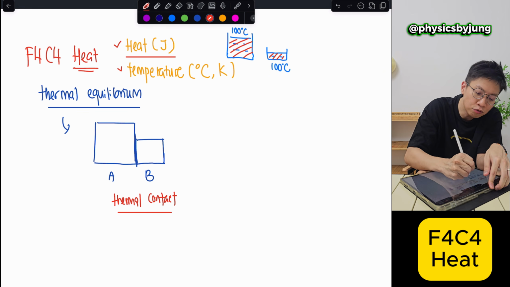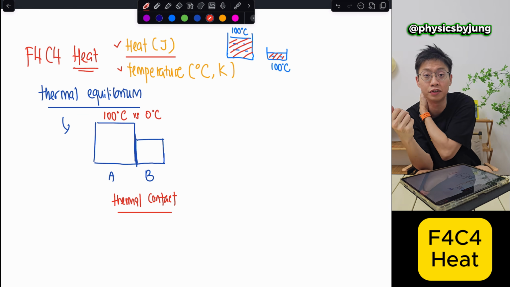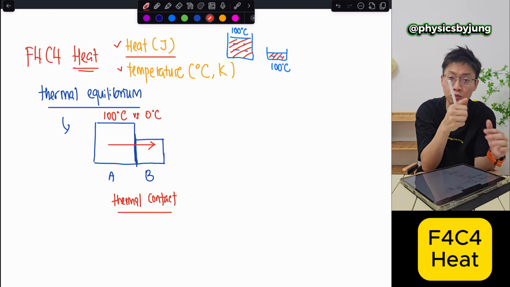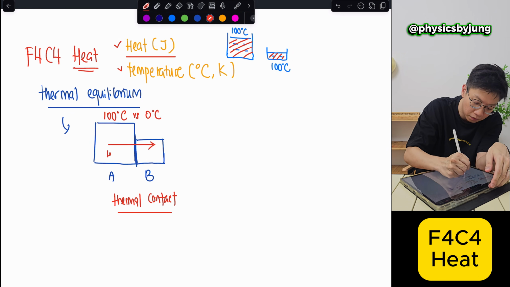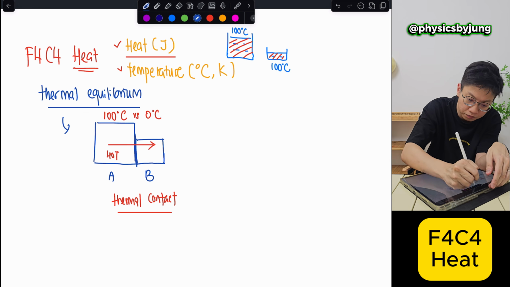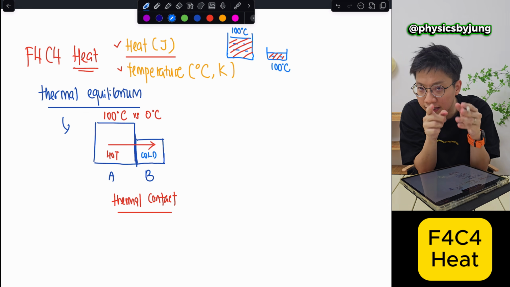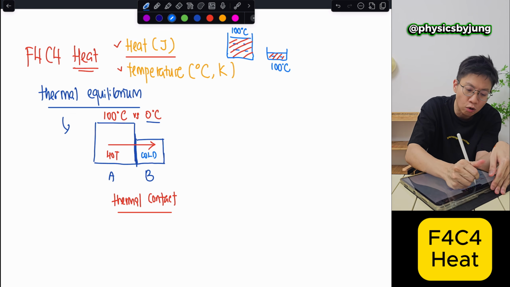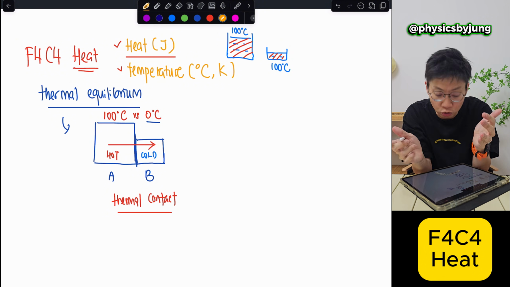If my object A is 100 degrees Celsius and my object B is 0 degrees Celsius, will the 100 degrees Celsius object give heat energy to the 0? The answer is yes, because this one is hot and this one is cold. But will the cold object give heat energy to the hot object? Will the 0 degrees Celsius object also give heat energy back to the 100 degrees Celsius object? The answer is also yes.